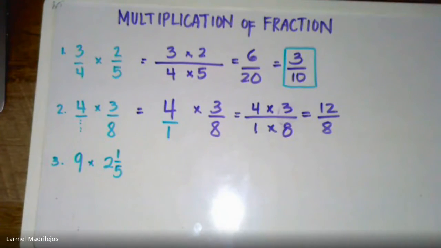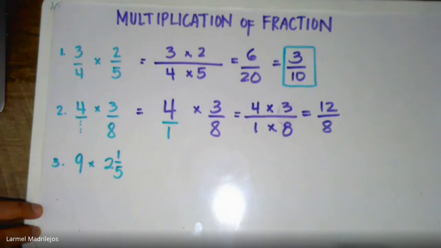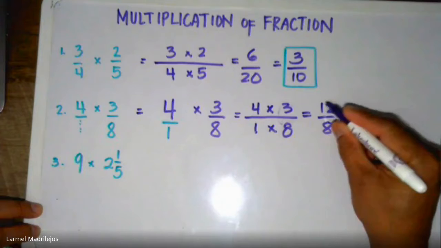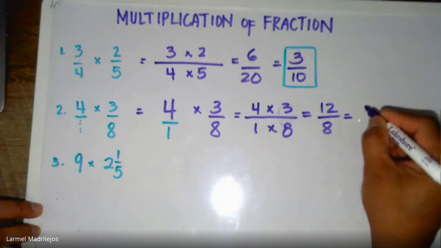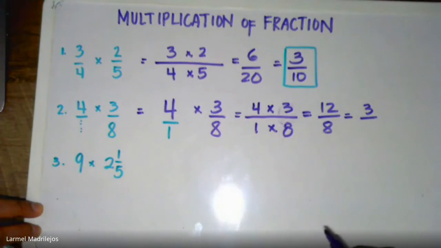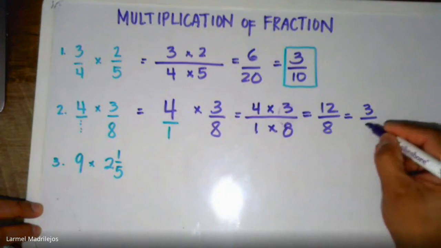Let's simplify. Both of them are divisible by 4. 2 also can do, but let's do the greatest one. This is divisible by 4. 12 divided by 4 is 3. 8 divided by 4 is 2.